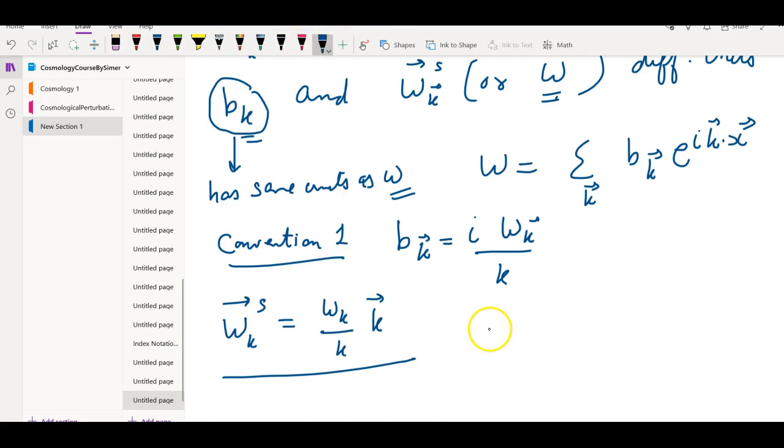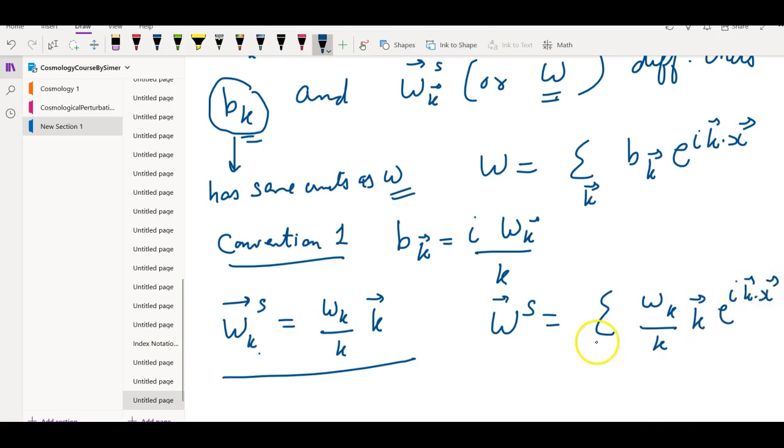And what is vector WS? Vector WS is the Fourier expansion of this coefficient WKS vector, which will now be replaced with WK over K, e to the iota KX, and over K. Yeah.